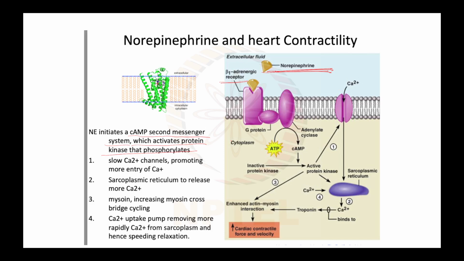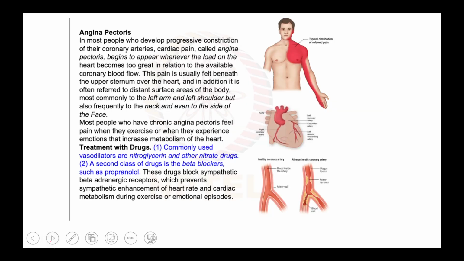The G protein activates adenylate cyclase, which converts ATP to cyclic AMP, and this cyclic AMP activates several kinases, which phosphorylate several downstream proteins that help in the entry of calcium, which causes the depolarization of the cardiac muscle. With the depolarization, the cardiac contractile force increases and the blood velocity also increases.